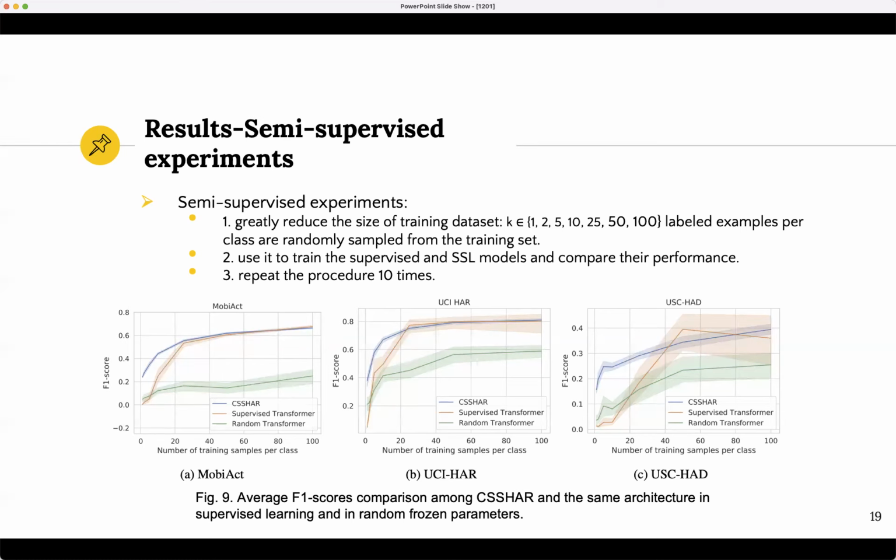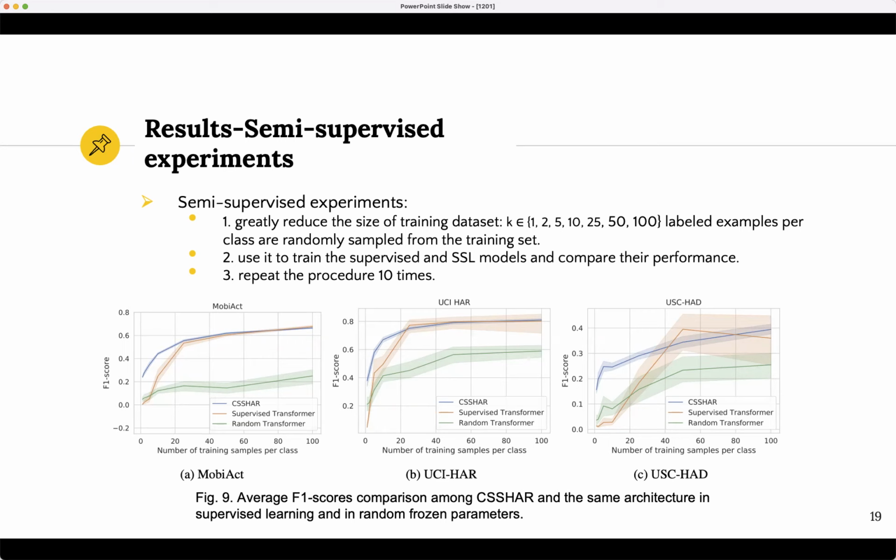So it means this SSL is very helpful in an extremely small data set. Even if you only have like 10 for each class, you can get a better performance.